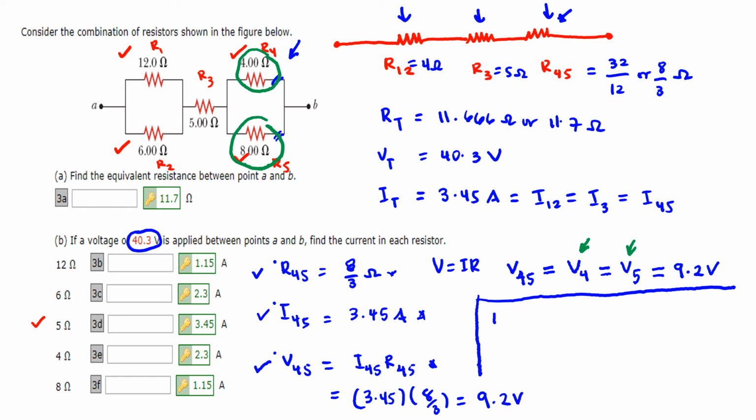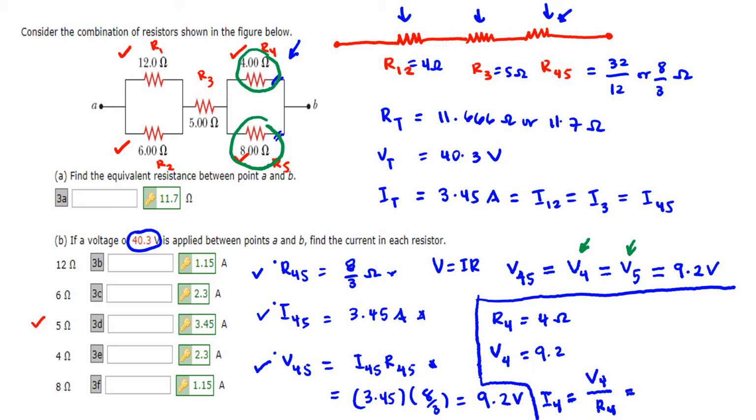Then we have the following information. We have R4, which is equal to 4 ohms. We also have V4, which is equal to 9.2 volts. Then we could easily solve for I4, because I4 is just equal to V4 over R4. Again, I'm using Ohm's law to solve for the current through resistor 4.